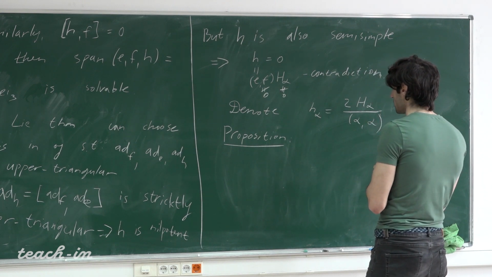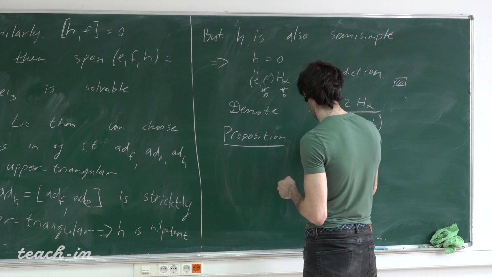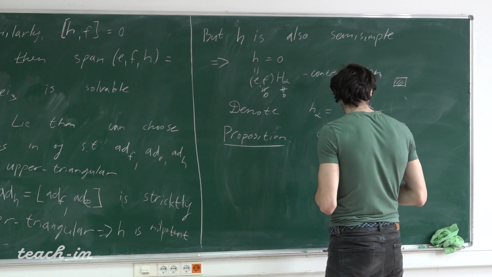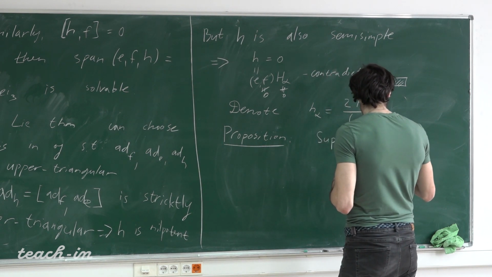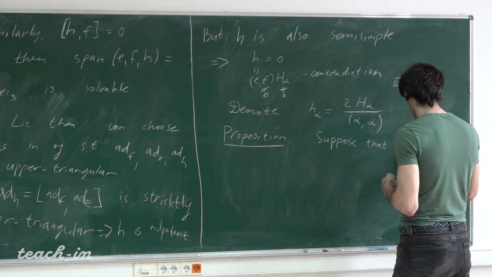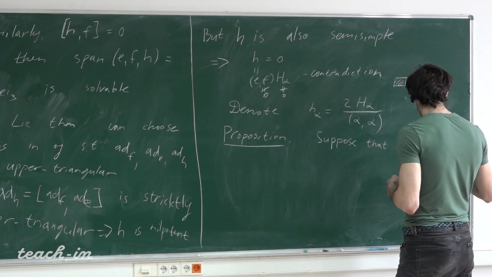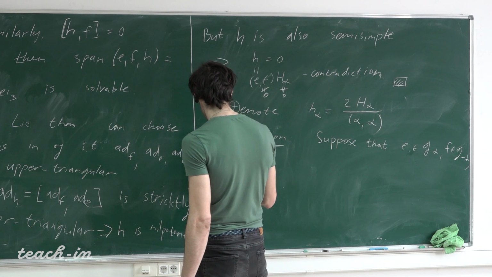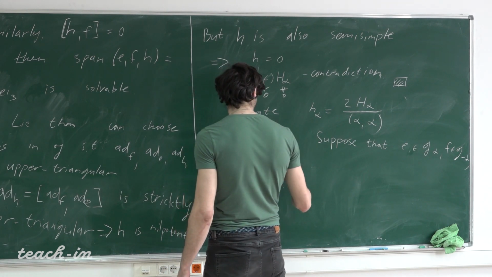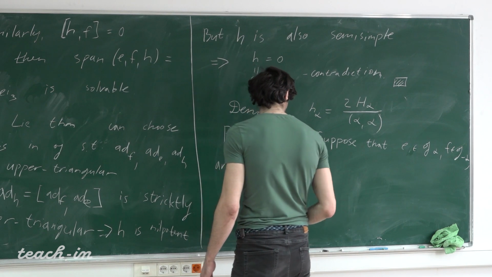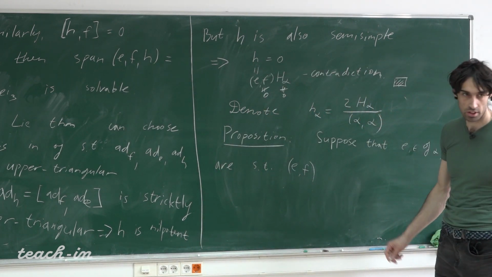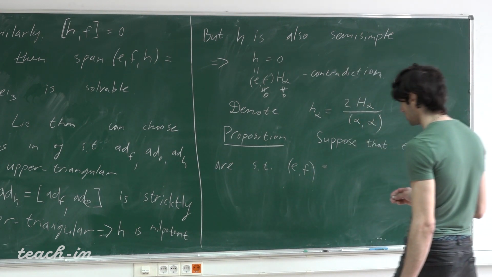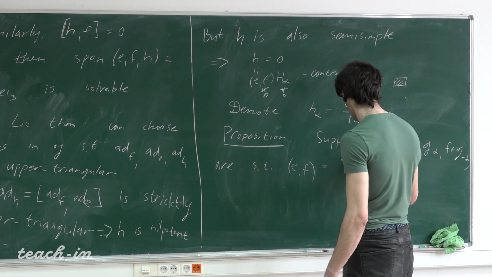Okay, so suppose that E from g alpha, F from g negative alpha are such that I need something again for the form of E and F. Okay, I think it should be like that.